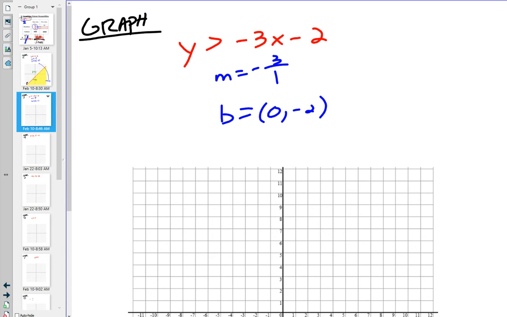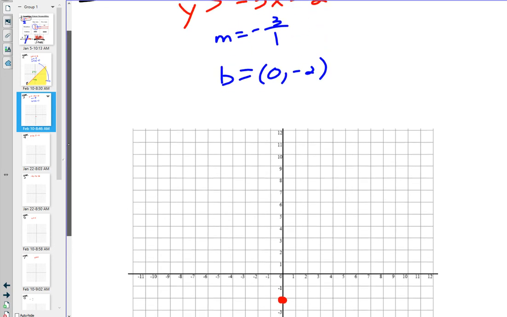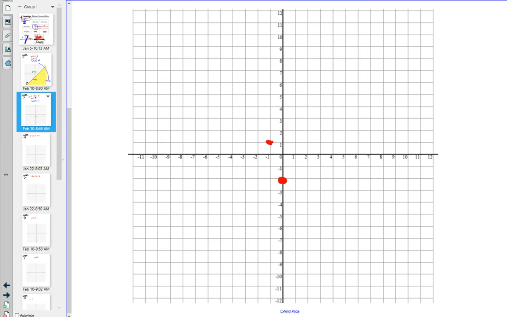Have you figured it yet? All right, so I gave you a head start. So -2 is where I started the graph. My slope is -3 over 1. So if I go down 3, I have to go left 1. That's the first thing you would be aware of.